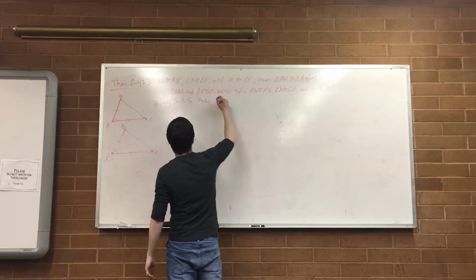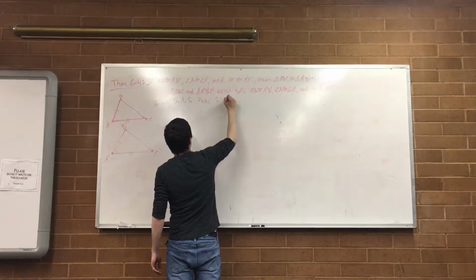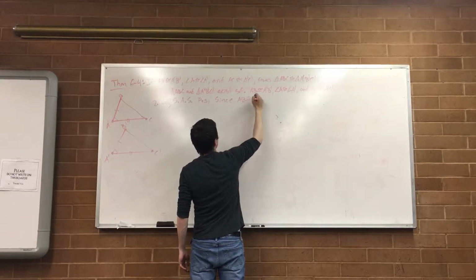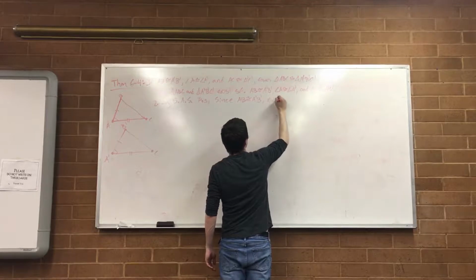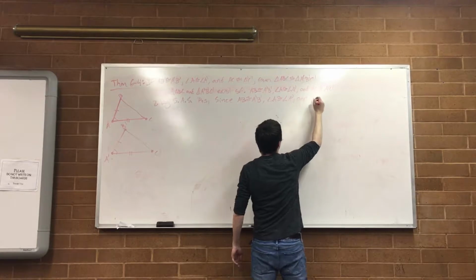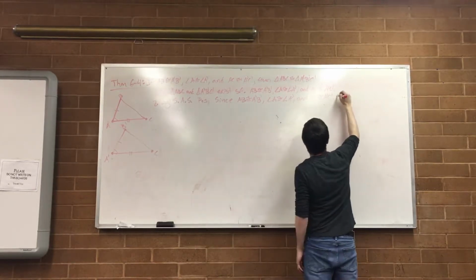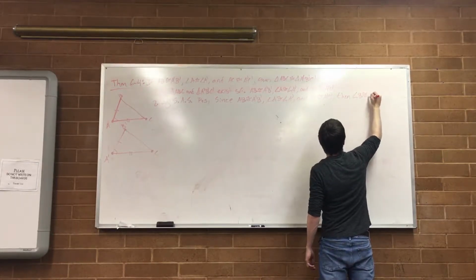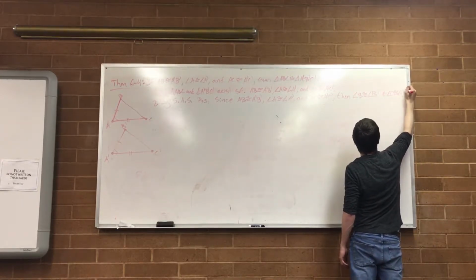So by the side angle side postulate, since AB is congruent to A prime B prime, angle A is congruent to angle A prime, and AC is congruent to A prime C prime, then we know angle B is congruent to angle B prime, and angle C is congruent to angle C prime.